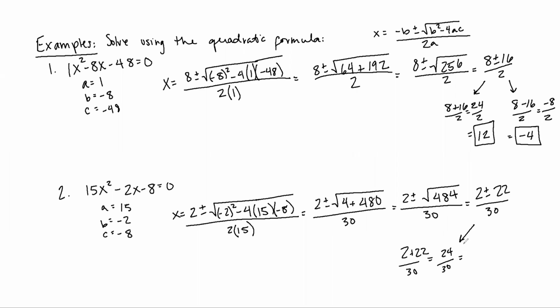These are both divisible by 6. So we get 4/5 as one solution. So fractions are completely acceptable. And then if we subtract, 2 minus 22 over 30, that would be a negative 20 over 30. Reduce that, we get negative 2/3.